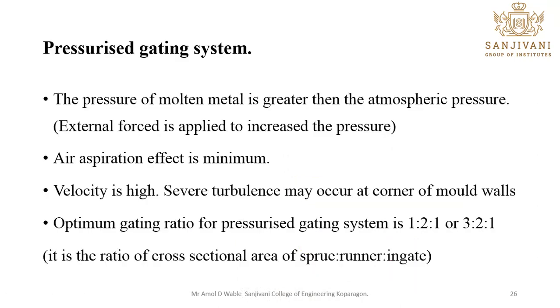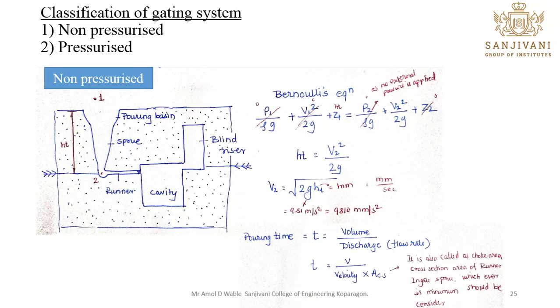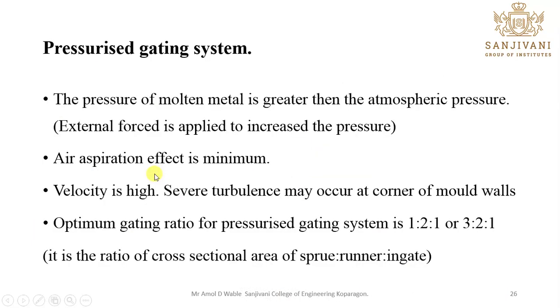Then the pressurized gating system. Whatever concept we have seen right now was the non-pressurized gating system. In a pressurized gating system, you have to apply an external force on the molten metal, so that there will be a pressure difference between space 2 and space 1. You have to use some mechanical equipment, or you can use a piston, to force the molten metal into the cavity, and due to that there will be more aspiration effect and more erosion of the sand.